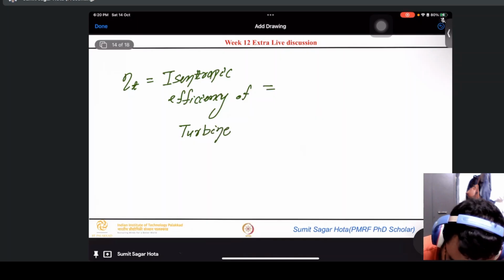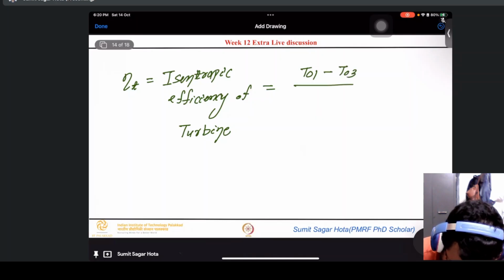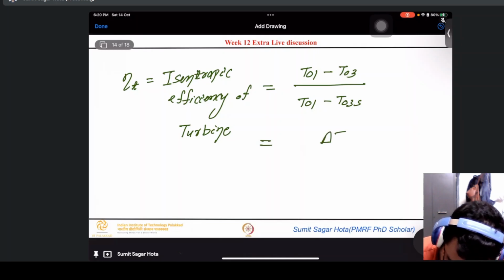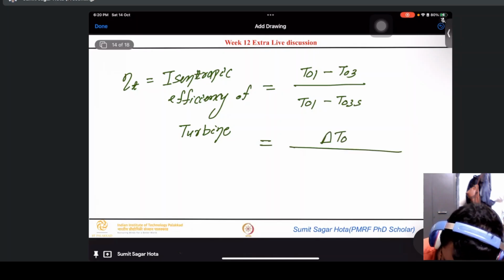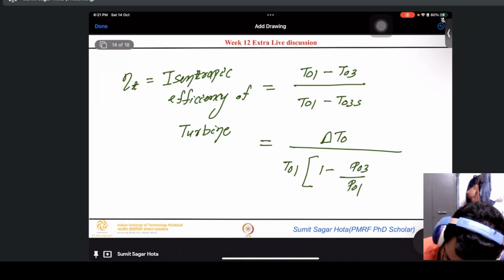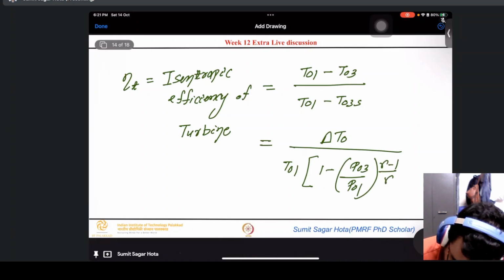Is equal to T1 minus T3 divided by T1 minus T3s. If you solve, delta T naught divided by T1, take common, I apply the isentropic flow formula, P3 by P1 to the power gamma minus 1 by gamma.